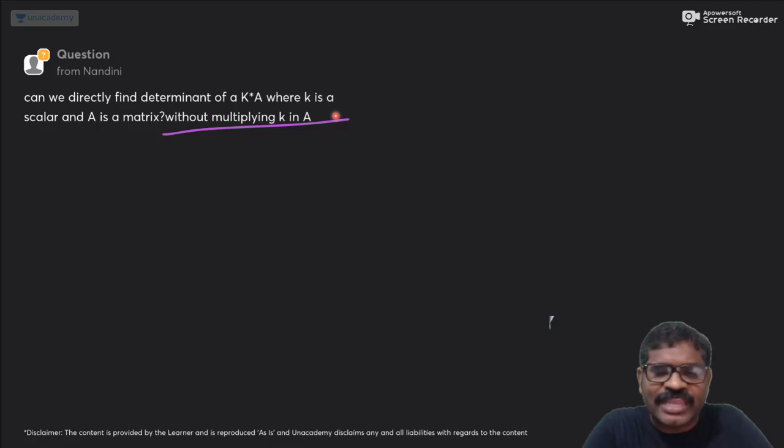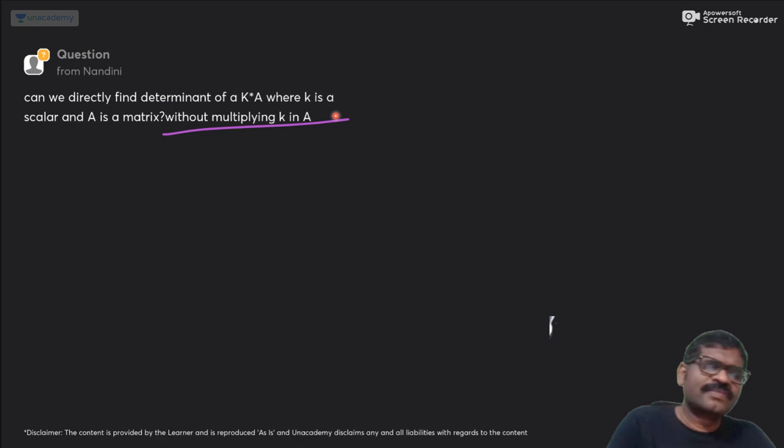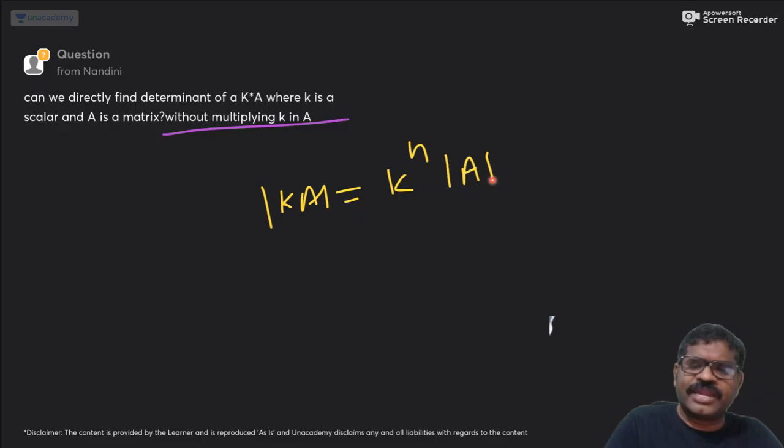The determinant of kA equals k power n into det A. This is the property.